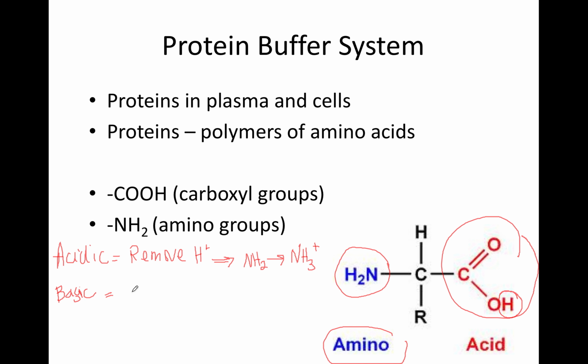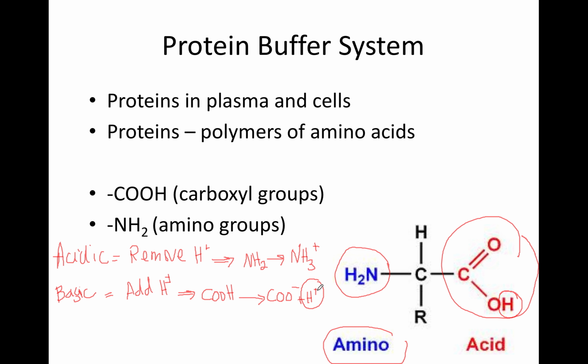In that case, you want to add hydrogen to your bloodstream. And the way you do that is your COOH becomes what? Becomes COO negative plus a hydrogen. And that hydrogen you see here is going to be essential for making your blood more acidic and returning it back to homeostasis.